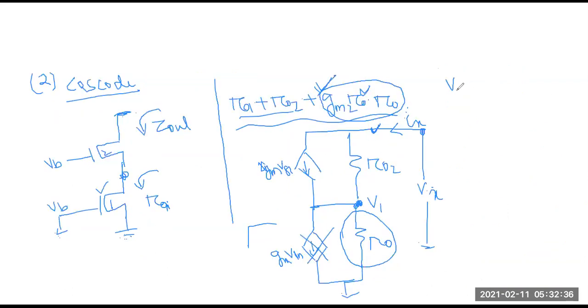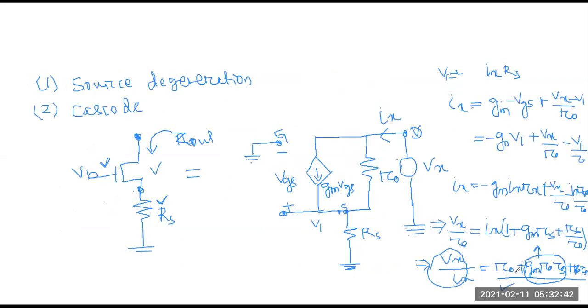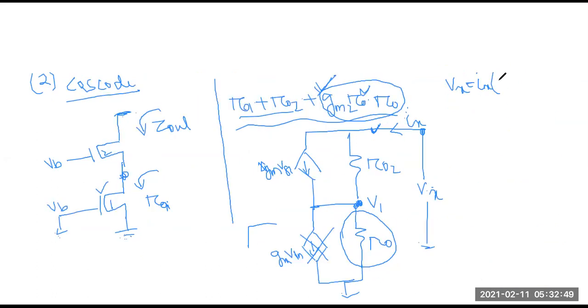So Vx is equal to Ix into R01 plus R02 plus gm2 R01 R02. And what is V1? Ix into R01. Yes or no?